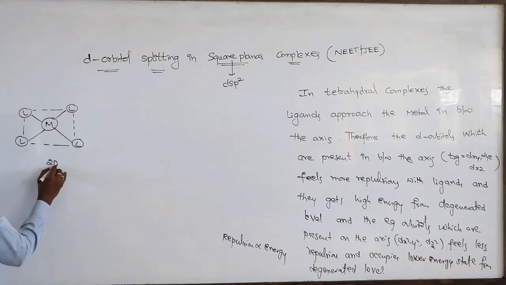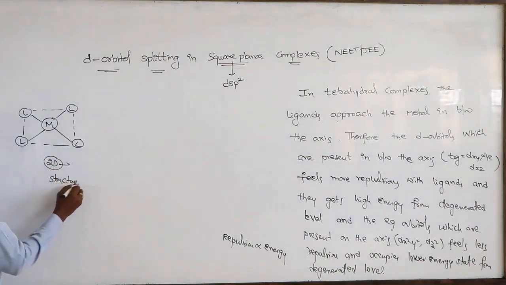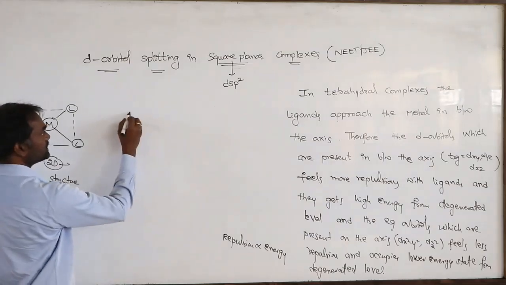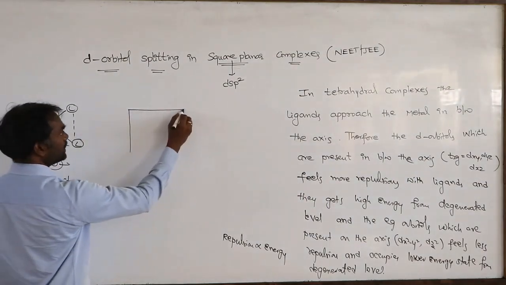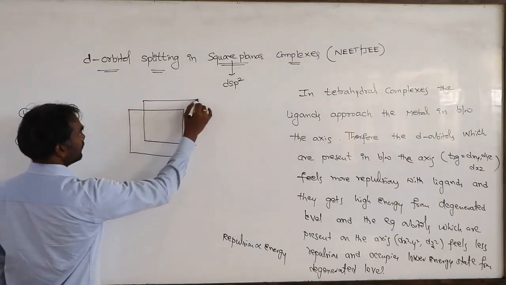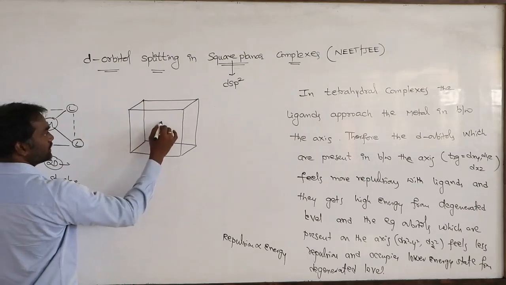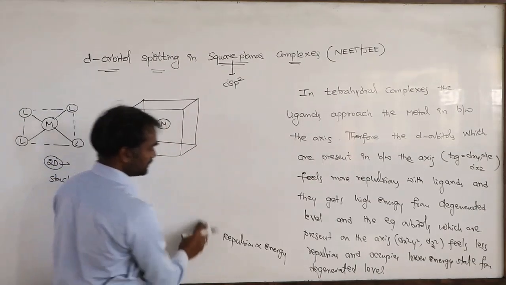So this is a 2D structure. Next, suppose you see it in 3D, you can take it as a cubical structure, compulsorily, with the metal in the middle of that.